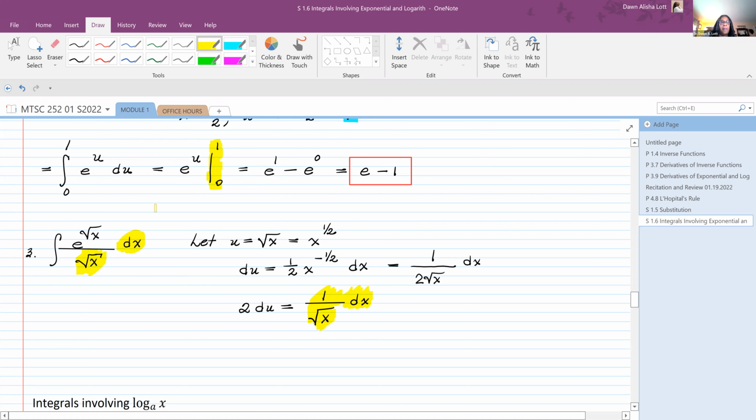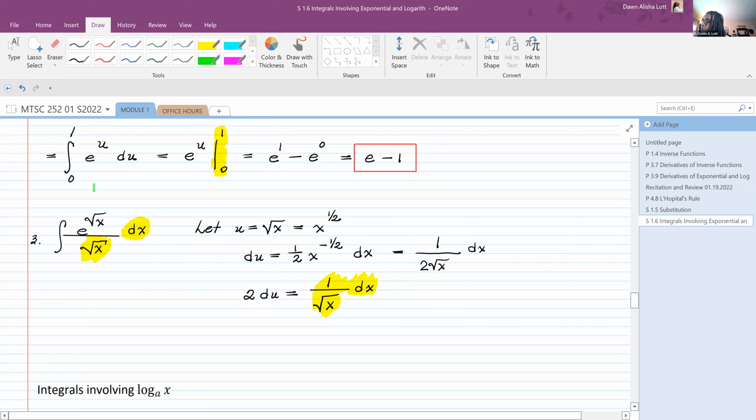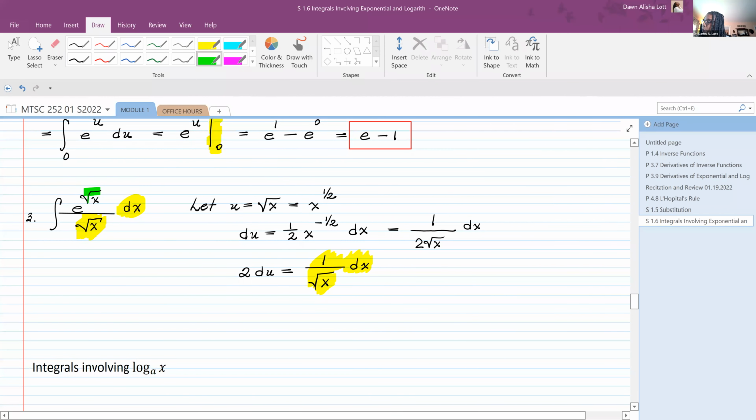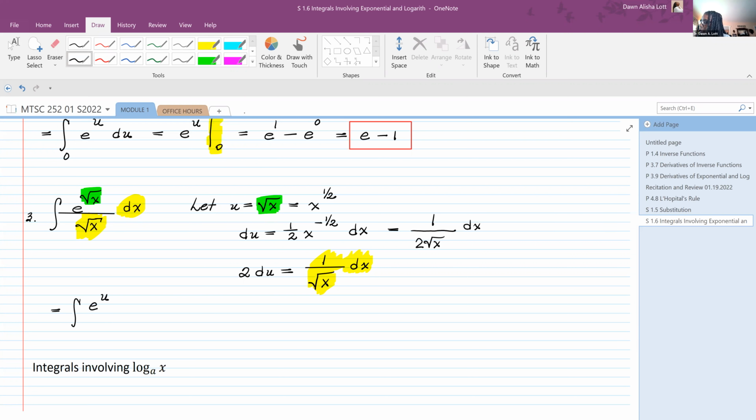Okay. And u is right here. So this becomes the integral of e to the u divided by this one. Oh, well, that's just 2 du.